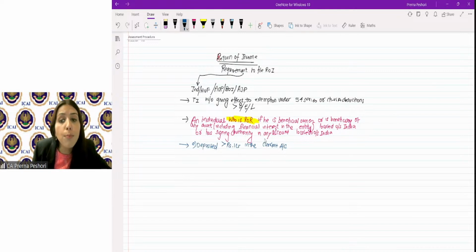So deposit of more than rupees 1 CR, this is for not only individual, but individual, HUF, AOP, BOI, artificial juridical person, everybody.